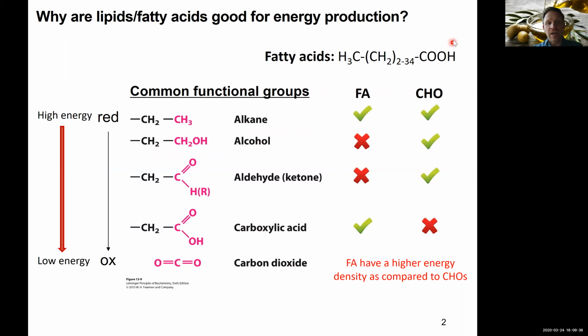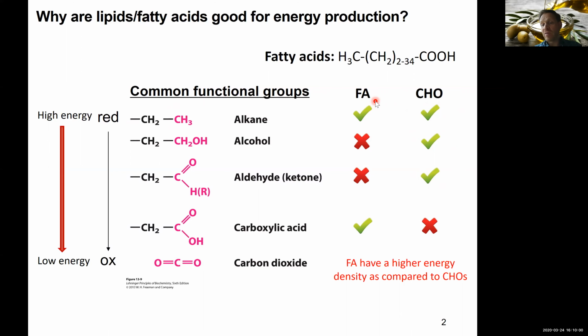These are very rich in energy because they're more reduced, right? These more reduced functional groups are higher in energy. So even though fatty acids have less of these different functional groups as compared to carbohydrates, they are higher in these alkane groups. Therefore, they have a higher energy density. So you actually get more energy out of these fatty acids.